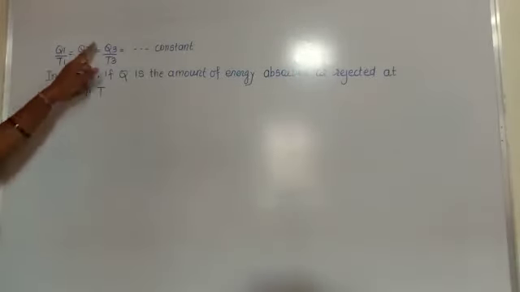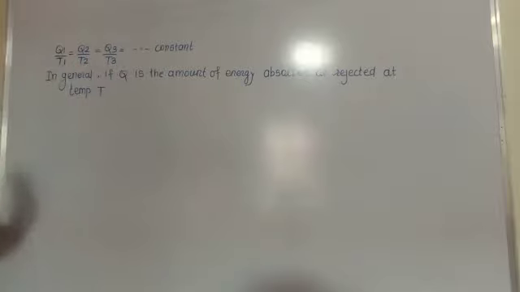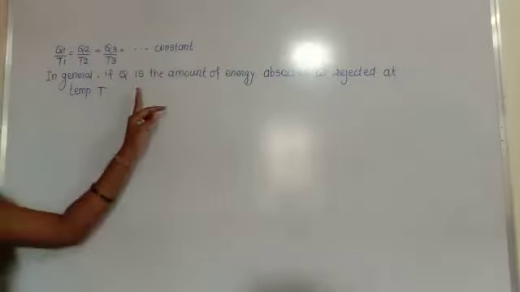Here Q1, Q2, Q3 are for the isothermals, and T1, T2, T3 are the three isothermals.